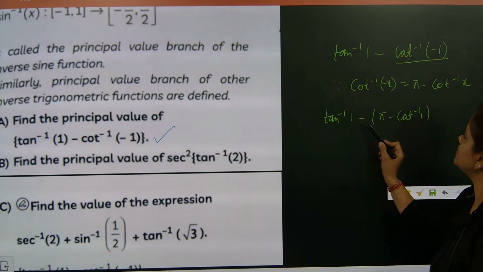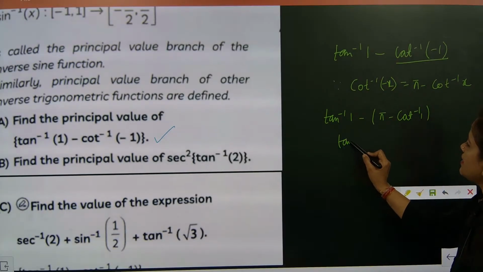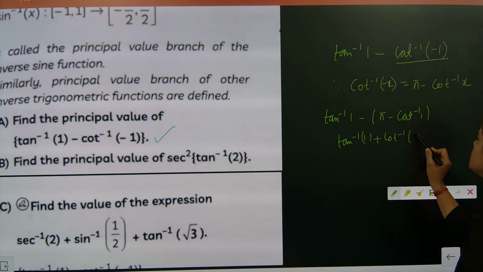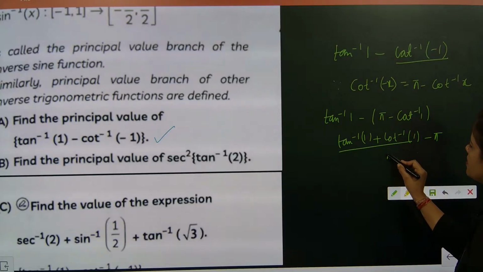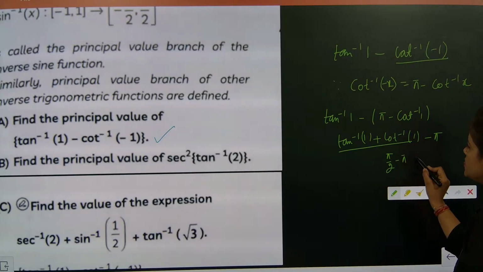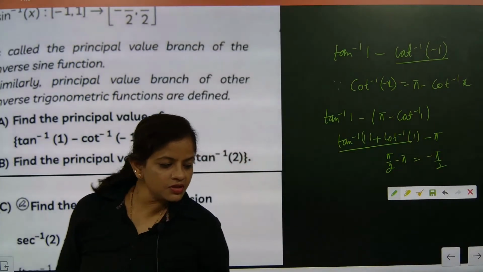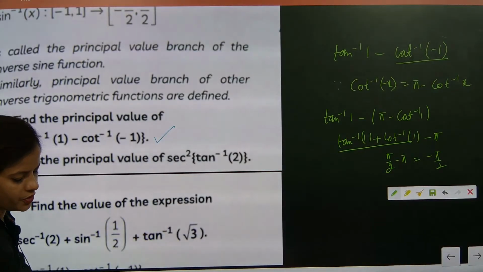So we will shift this one. So here it will become what, beta? It will become tan inverse 1 plus cot inverse 1 minus pi. So tan inverse 1 plus cot inverse 1 will become pi by 2 minus pi. So it will become minus pi by 2. Very good. So this is exactly the way to solve the question. Minus pi by 2 will become your answer.